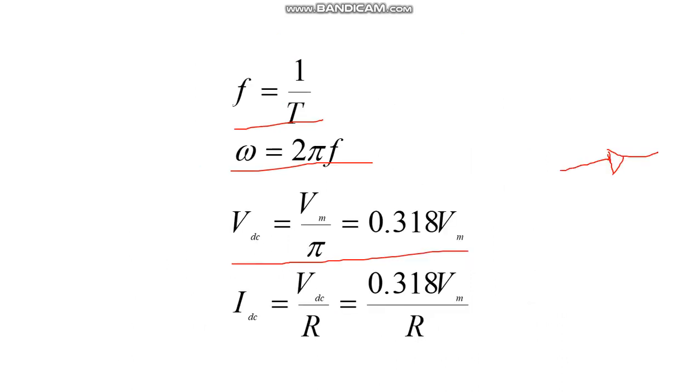For example, in the full wave rectifier, the output is available from 0 to pi and from pi to 2 pi as well. So the average value obtained at the output will obviously be different. And IDC is nothing but VDC divided by the load R.